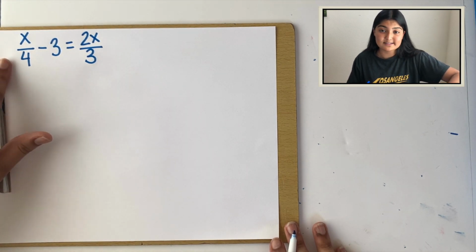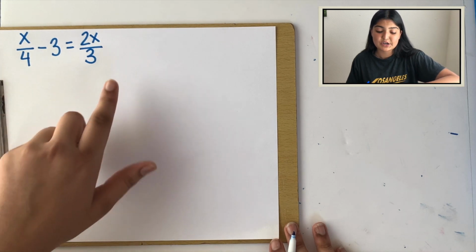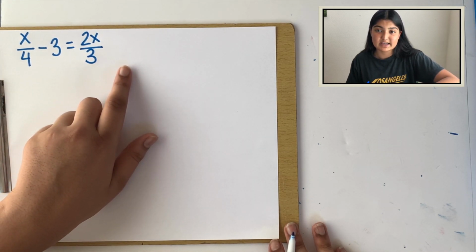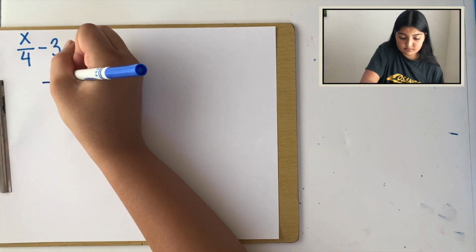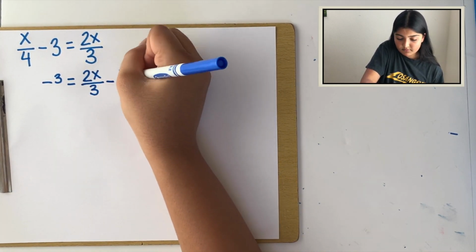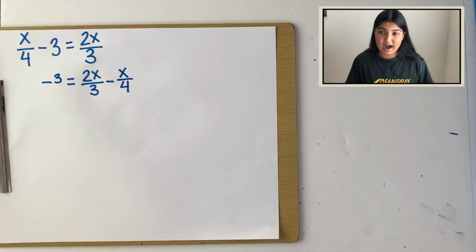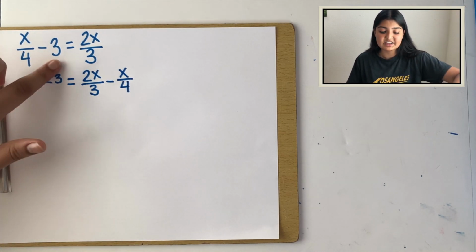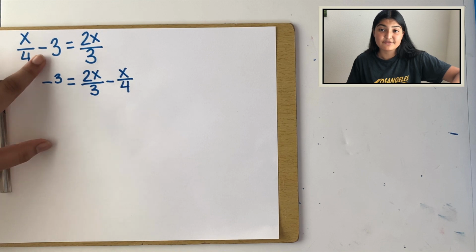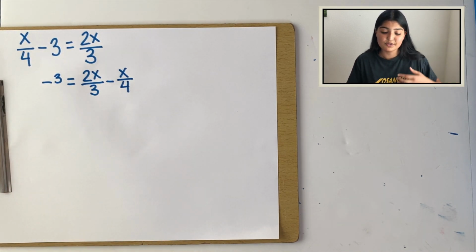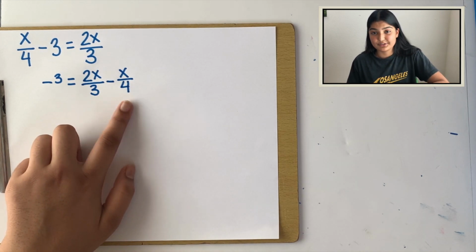Here, it's positive, so on the other side of the equal sign, it will be negative. Now, let's write -3 in fraction form, since, after all, we're dealing with fractions.